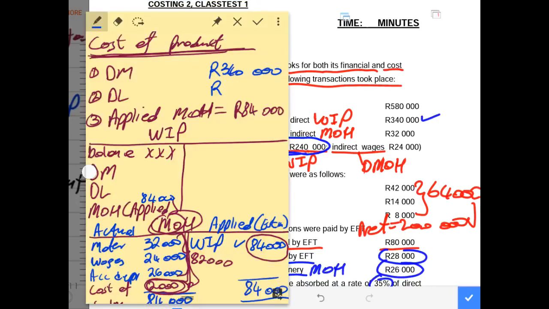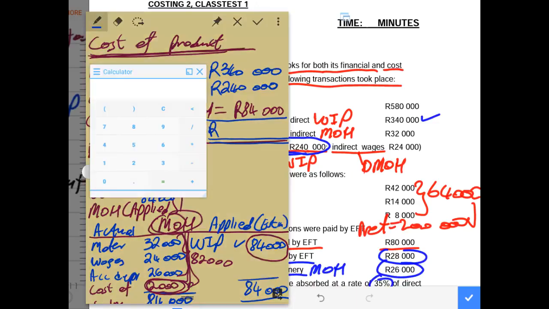So now that was the cost of direct labor that went into production. So now direct material that went to production was 340,000, direct labor was 240,000 rands, and applied manufacturing overheads that were applied to the production process amounted to 84,000 rands.